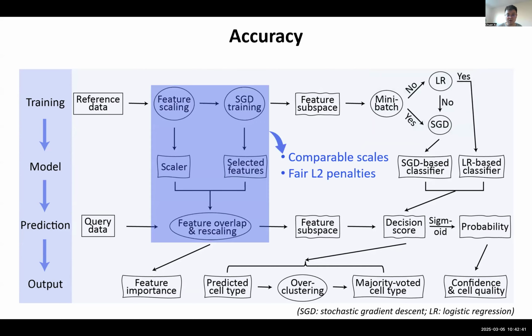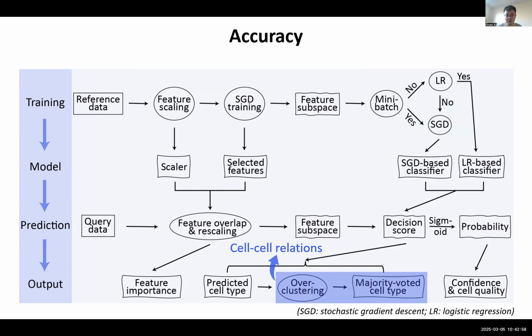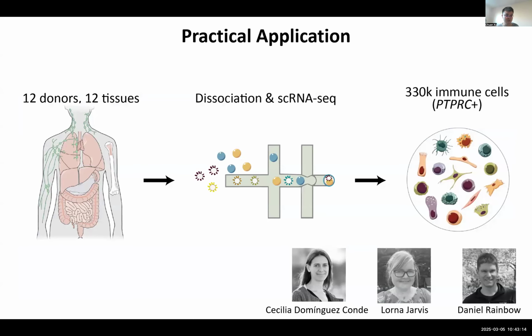And second, the query dataset will borrow the scaling parameters from the reference dataset, meaning that they will have comparable expression scales, and the L2 penalties will not be skewed by their expression scales. And finally, utilizing the cell-cell similarities, CellTypist applies an over-clustering followed by majority voting approach to harmonize cell type structures within local clusters. And now let's turn to the real-world applications of CellTypist.